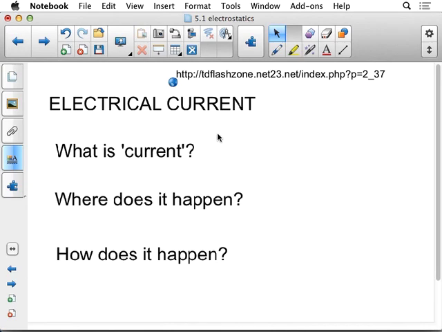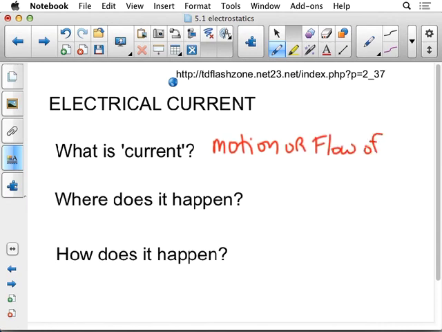Okay, so what is electric current? Electric current basically is the motion or movement of electric charges, or flow of electric charge, and this happens in lots of different materials as we have seen.